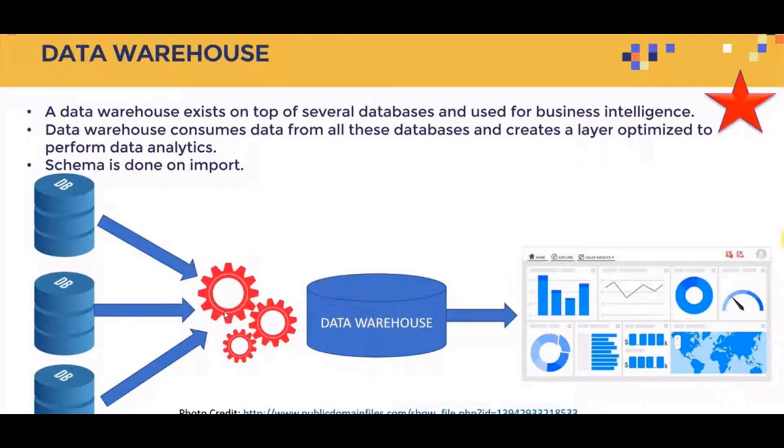Once the data is generated, it goes into database. The database throws the data into ETL. ETL happens instantly and it puts the data into data warehouse. In data warehouse, the schemas are already made, so they arrange the data as per the schema. This schema then allows the user to see the reports. So this is the concept of data warehouse, that it is different from database, and the purpose of data warehouse is to analyze the data.